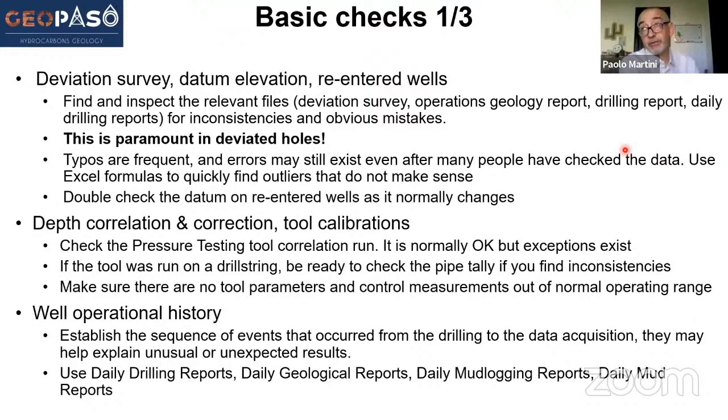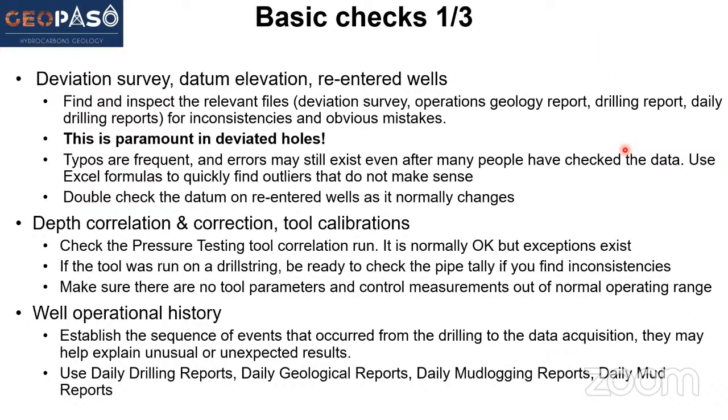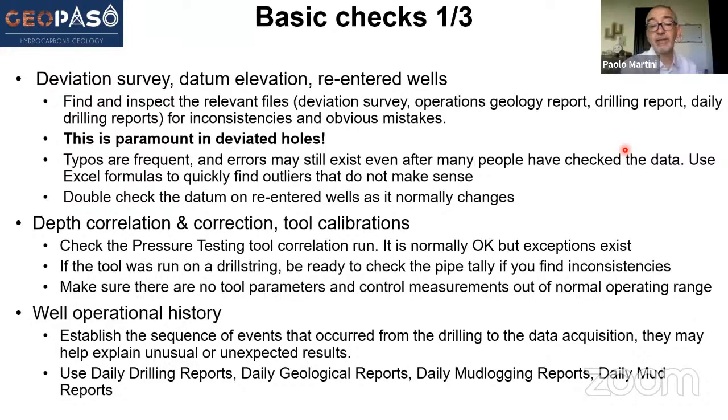Depth correlation correction. Normally a correlation run is something that is always done, to make sure that you take your pressure point at the intended depth. But there may still be mistakes.